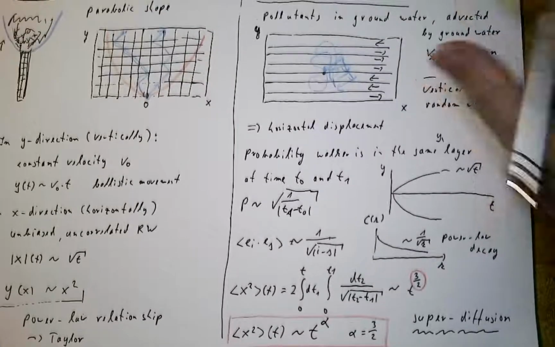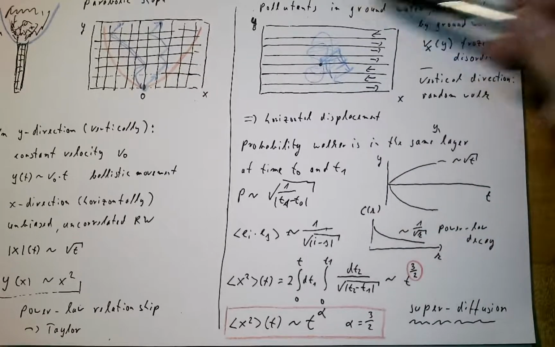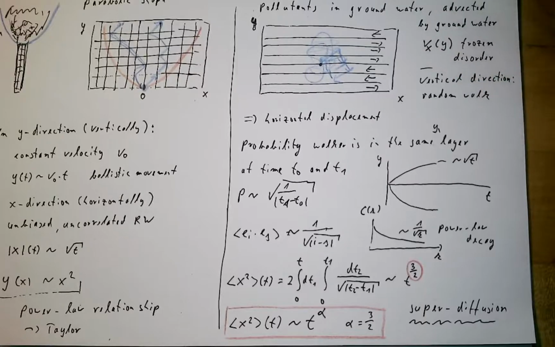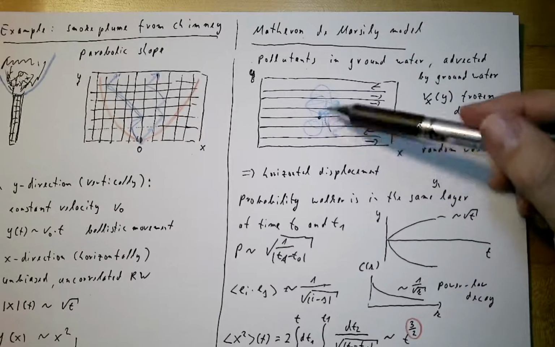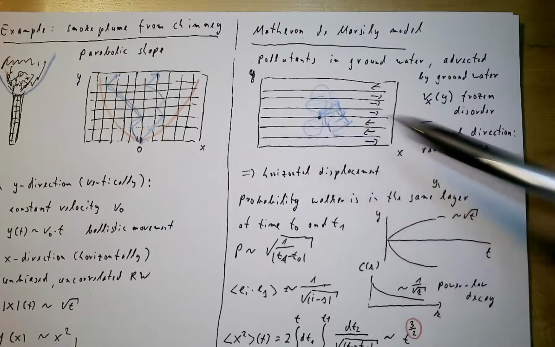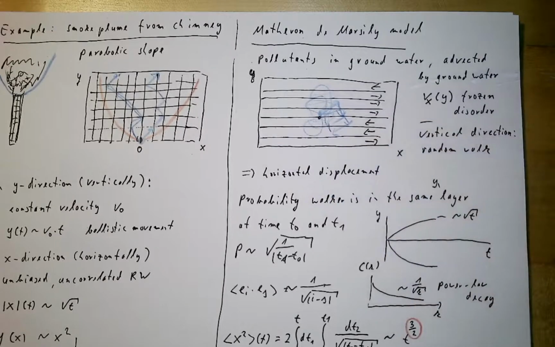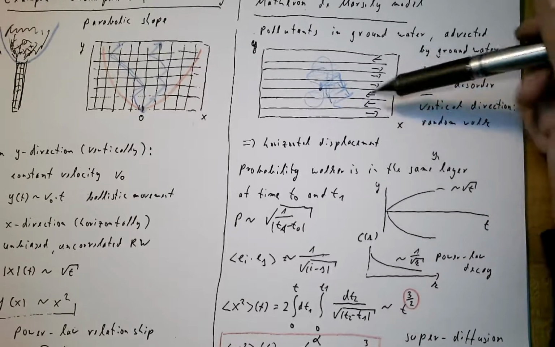So I agree that this example was very fast, but this model will also be one of the exercises, this Matheron-de-Marsily model, where you just try to simulate this process in the computer and then calculate the position of the pollutant or the walker if you so want. Then you can look at the mean square displacement, and you plot the mean square displacement in a log-log plot, and you will see that we suddenly see super diffusion in a system where nothing looks suspicious.